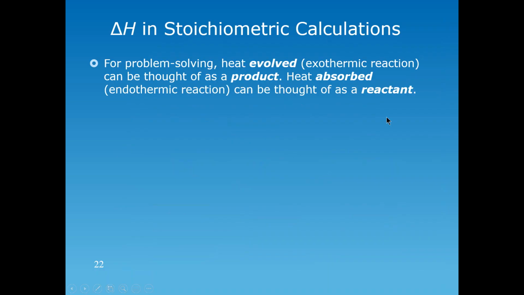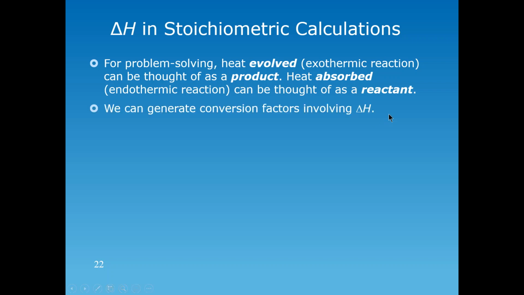So basically, if heat is produced or evolved in an exothermic reaction, then we can treat the heat change as a product. And therefore, we can put delta H on the right side of the equation. Now, if heat is absorbed, in the case of an endothermic reaction, then we can treat the heat change as a reactant. And therefore, we can put the delta H value on the left side of the equation.